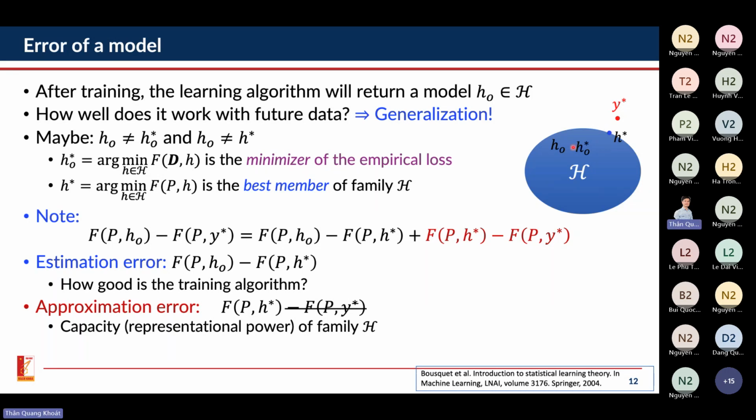In other words, the best model in this family should be very close to the truth. Otherwise, we can say that our models or our family can be very bad. And it is represented in this kind of error, approximation error, okay? And we cannot avoid that. We choose a specific type of model, one architecture. Then it should have some approximation error.